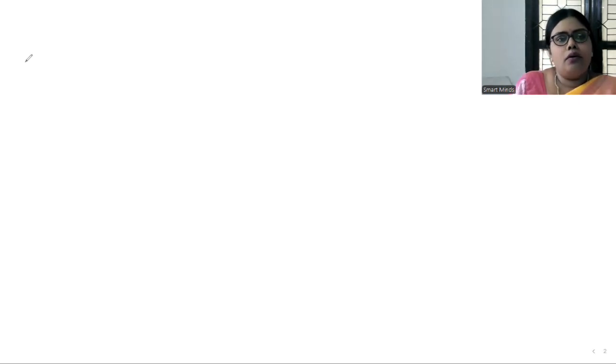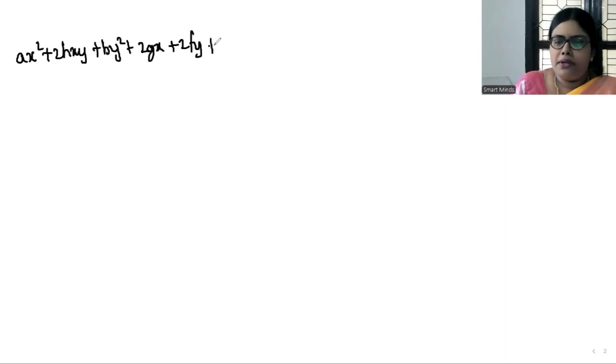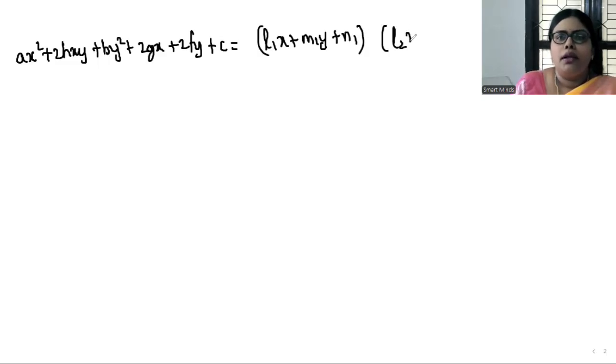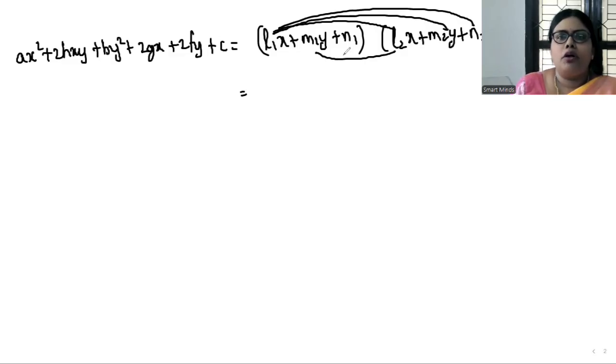Now you see, how do we write the combined equation? So ax square plus 2hxy plus by square plus 2gx plus 2fy plus c is equal to (L1x plus M1y plus N1) into (L2x plus M2y plus N2). Let us multiply these two brackets. First term multiply with all the three terms, then second term multiply with all the three terms, then third term multiply with all the three terms.